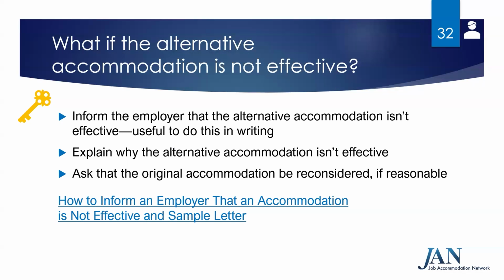So, as an individual, I think it is important to certainly let the employer know if you find an accommodation not to be working for you. So keep that accommodation process door open. Make sure that you are checking in. Let the employer know what's working and what's not. Same thing for the employer. Do your check-ins as well, to try to make sure that the accommodation is working. JAN offers a resource on how to inform an employer that an accommodation isn't effective. So do check that out if needed.